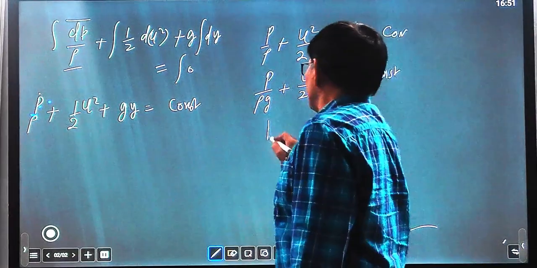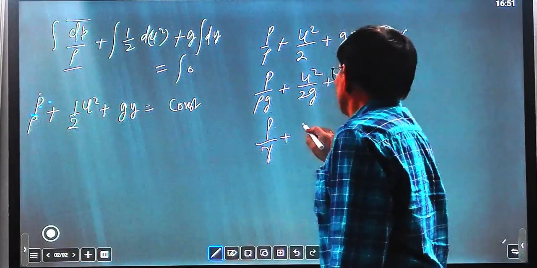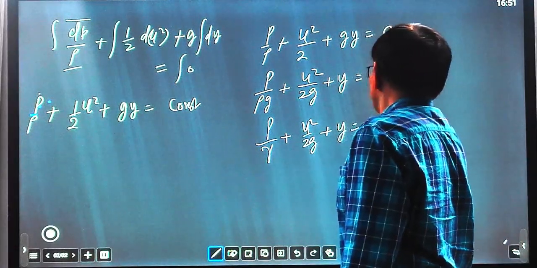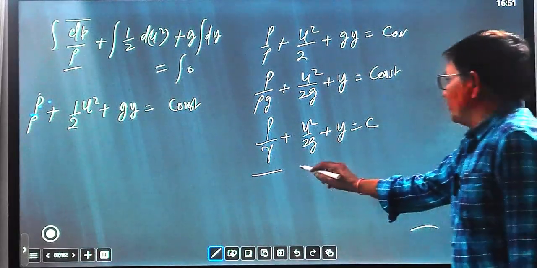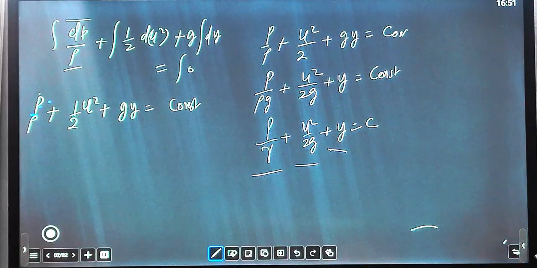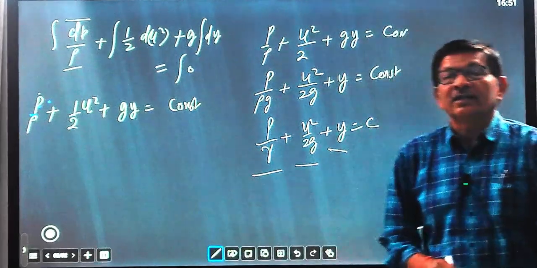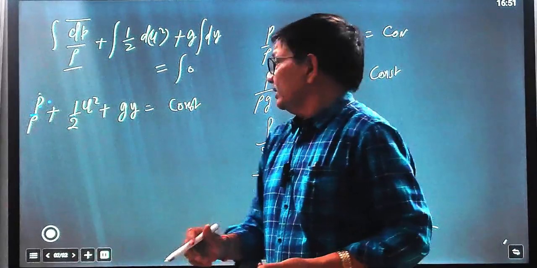You can write rho g equal to specific weight gamma: p upon gamma plus u square upon 2g plus y equals constant. So this is the pressure energy head, this is the velocity energy head, this is the position head. We can represent all these energy heads with the hydraulic energy line and total energy line. So let us define these heads.